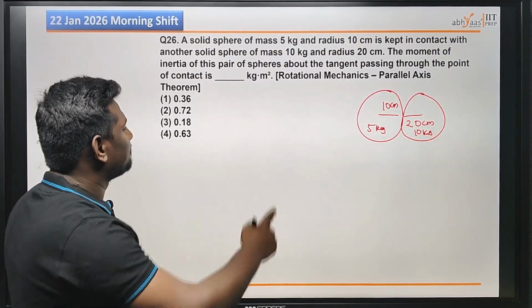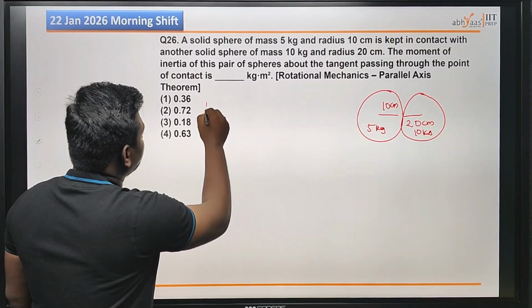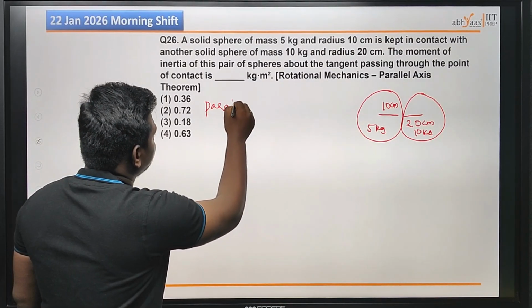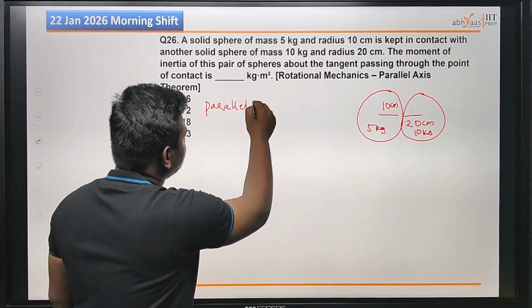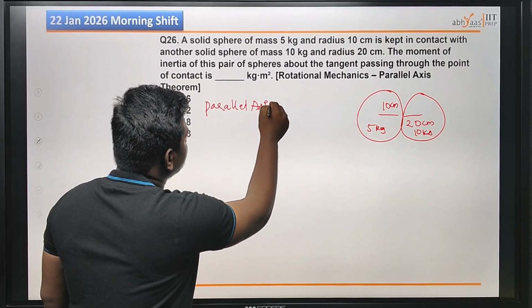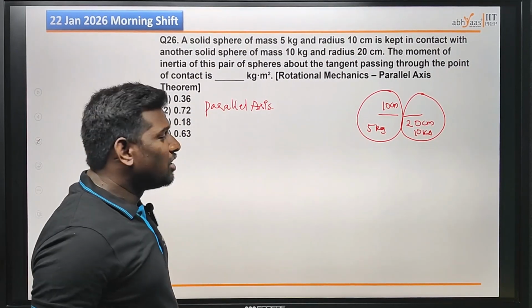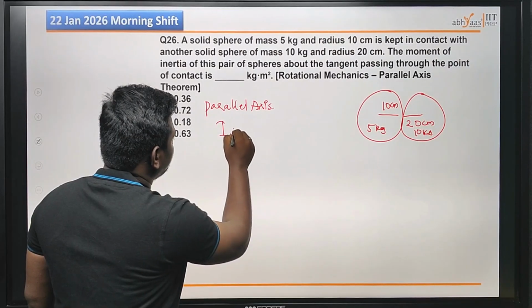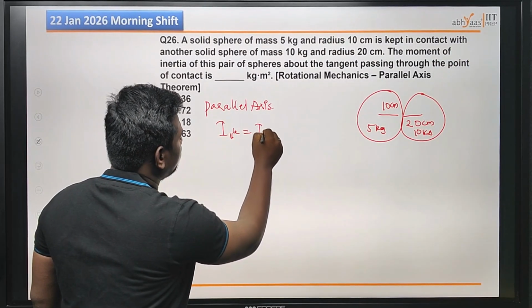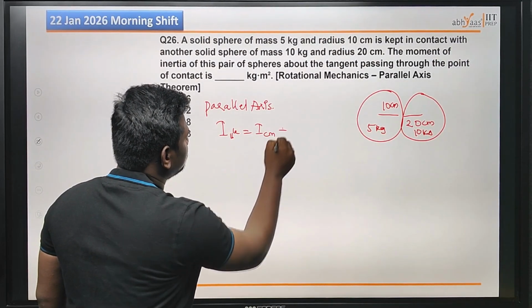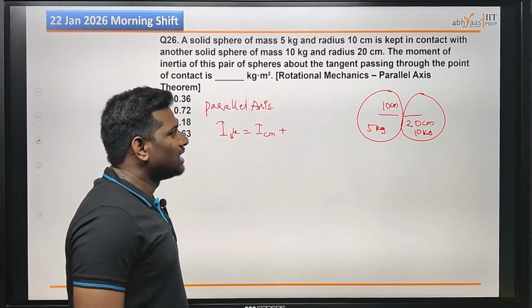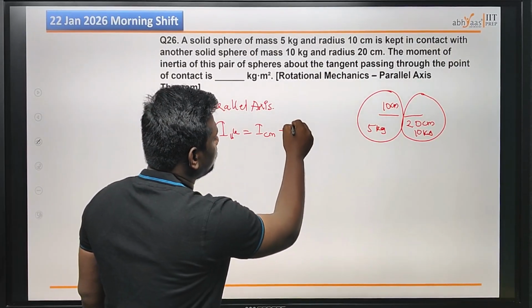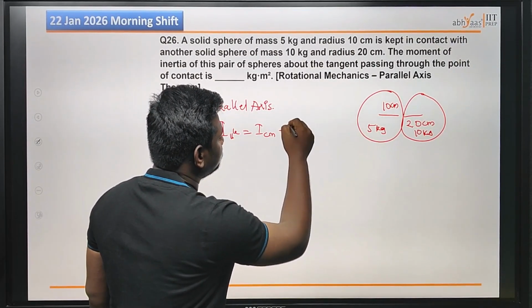So we know the parallel axis theorem. From the parallel axis theorem, we know that moment of inertia can be written as moment of inertia through the center of the mass plus moment of inertia through the edge.